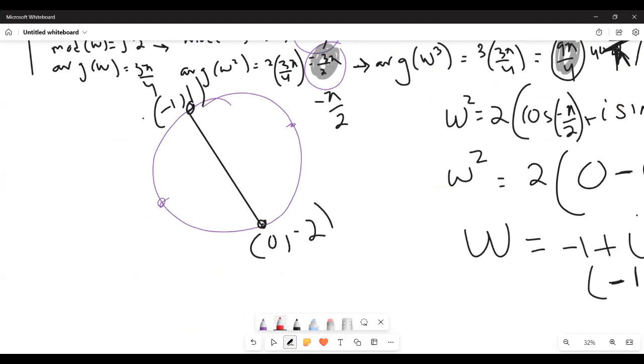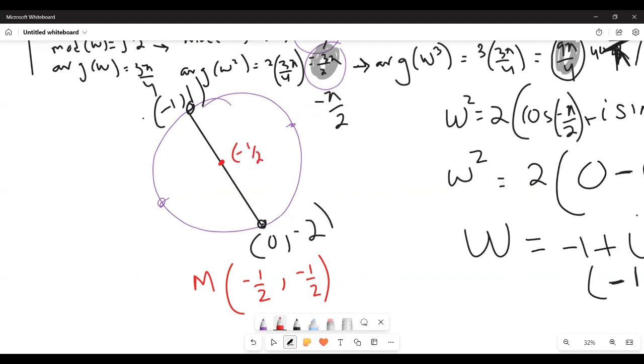Let's find their midpoint, which is going to be minus 1 by 2, and 1 minus 2 is minus 1, and then half again. That is the center of the circle. That's minus half and minus half.